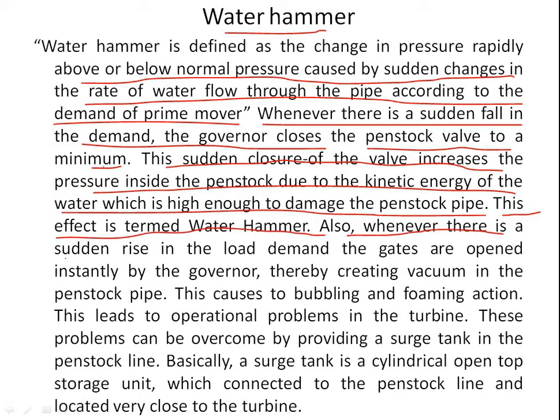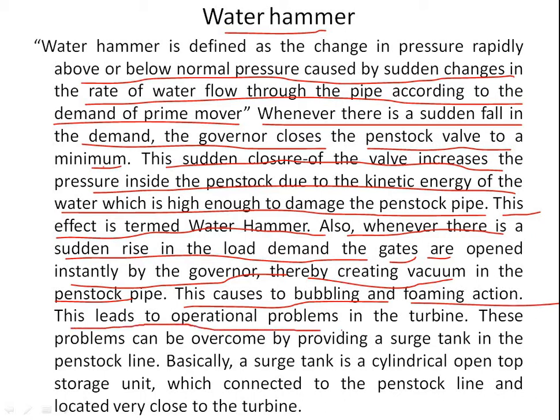Also, whenever there is a sudden rise in the load demand, the gates are opened instantly by the governor, thereby creating vacuum in the penstock pipe. This causes bubbling and foaming action.